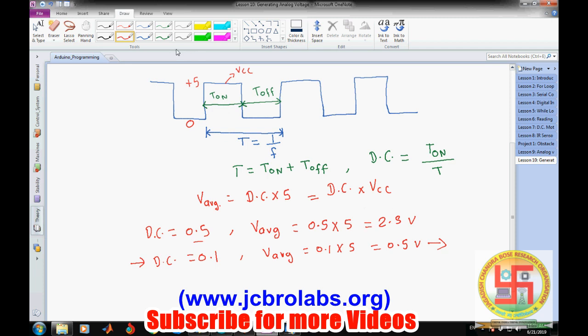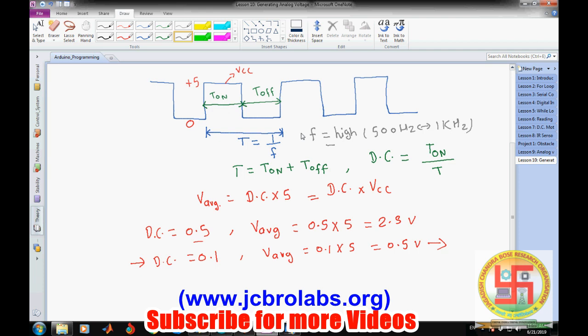Now there are certain things which need to be taken care of. This F, or the time period, this F should be high. High means, let's say, greater than 500 hertz, in the range of 1 kilohertz. Because if this frequency is not high, and you are connecting a LED to it, you will see the LED going on and off.